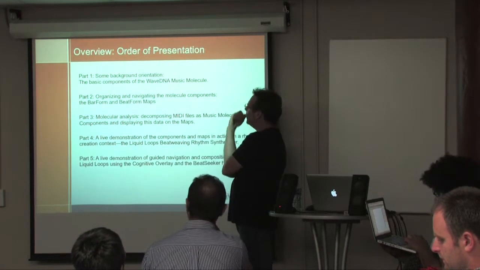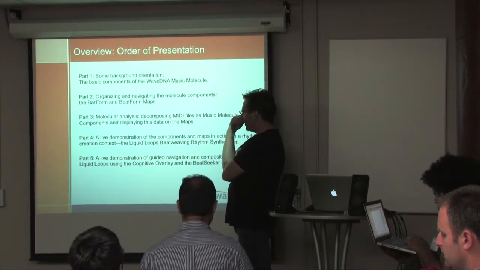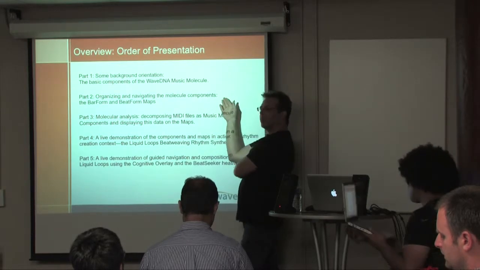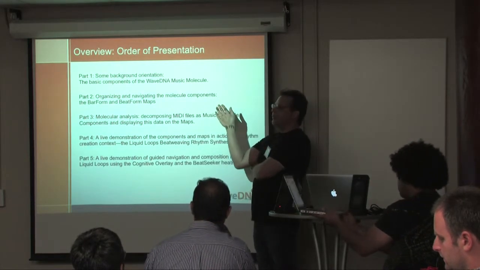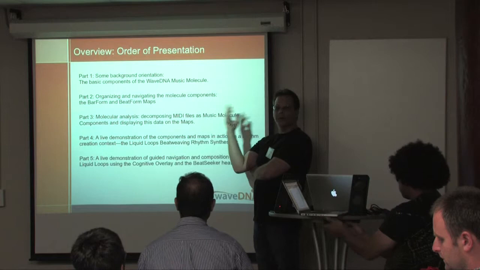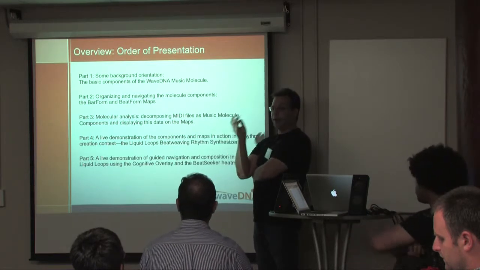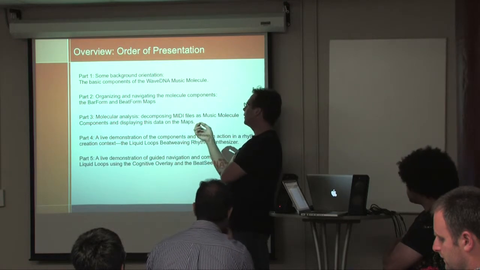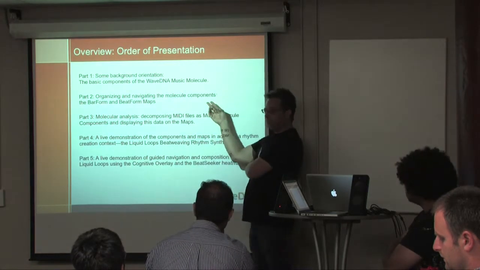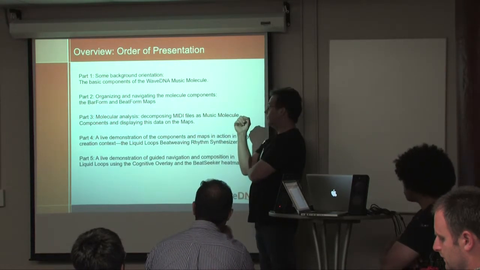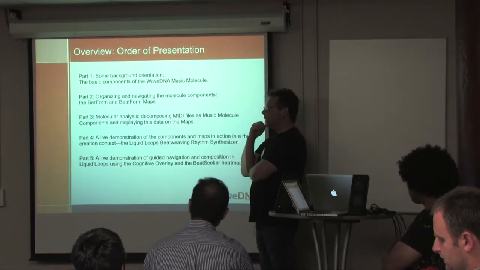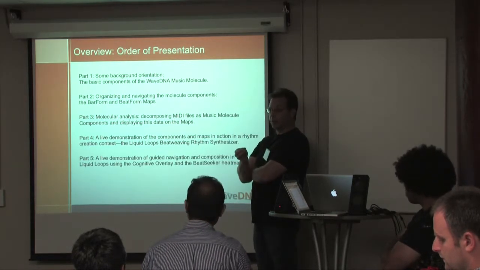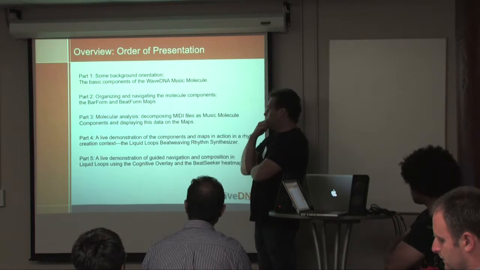So this is a brief overview of what we're going to cover. I will cover some of the background concepts, and then I'll show some of the components that we use. We face the problem of how to organize and navigate them for either an analytical context or an assisted composition context. I'll show some of our first attempts at organizing these things, but that's an ongoing problem, and you'll see a couple of ways in which we represent the components.